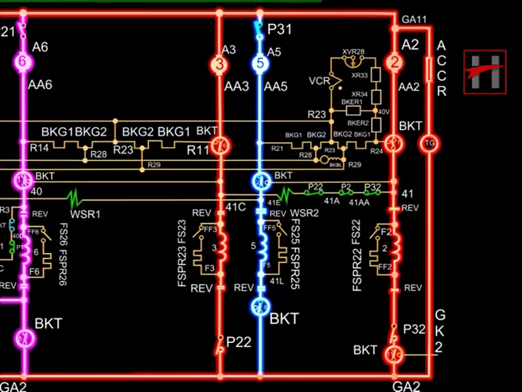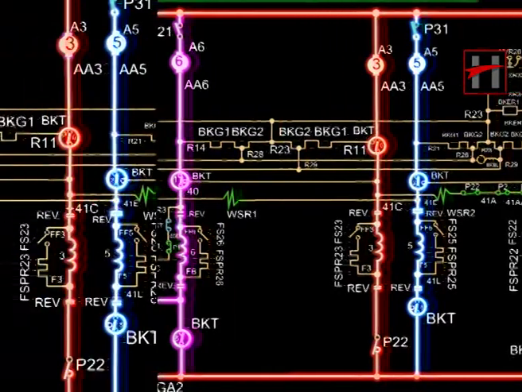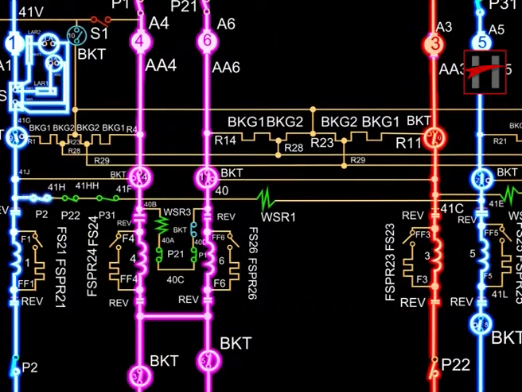The current completes its path via cable GA2 through the reverser contacts, cable number 41L and the BKT contact 8 in motoring mode. The wheel slip protection is provided by WSR1, which is connected across traction motors 1 and 5 through the interlocks of parallel power contactors.